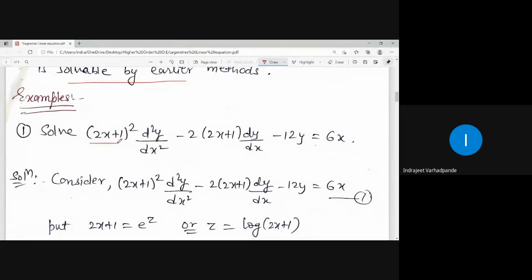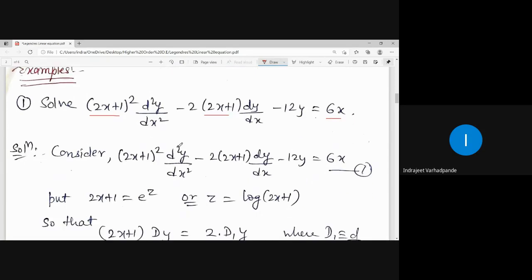Solve (2x plus 1) whole square d2y by dx square minus 2 into (2x plus 1) dy by dx minus 12y is equal to 6x.